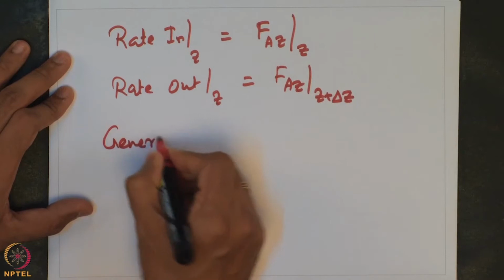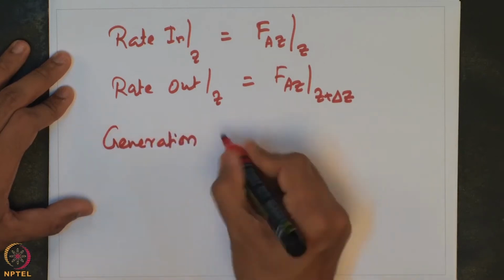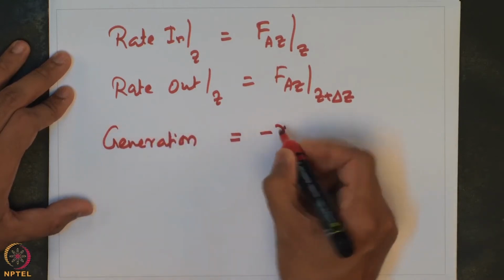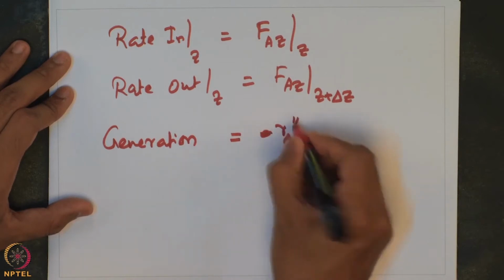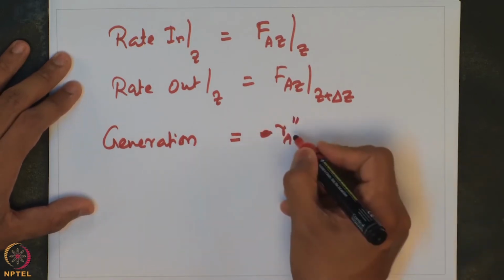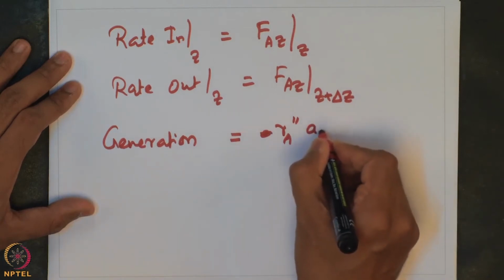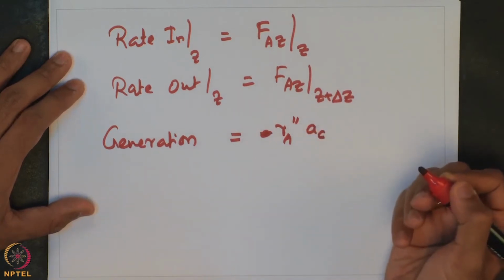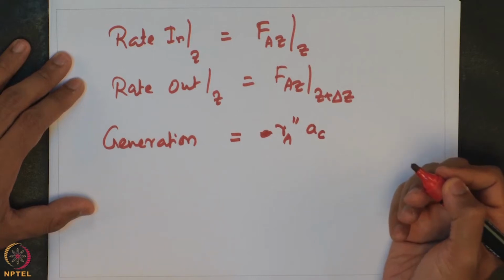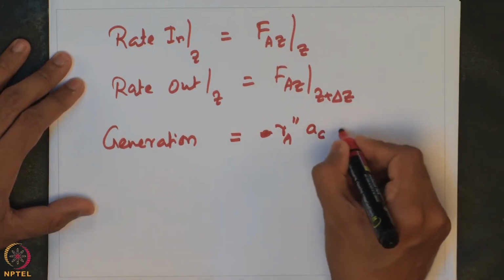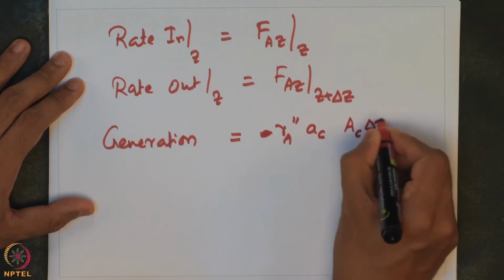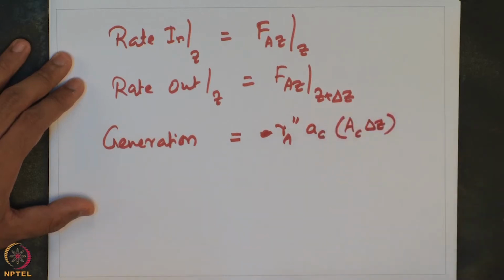The generation term is equal to Ra double prime, that is the rate at which the species is actually formed, multiplied by the catalyst exterior surface area per unit volume of the catalyst, multiplied by Ac into delta Z. This is the volume of the element.